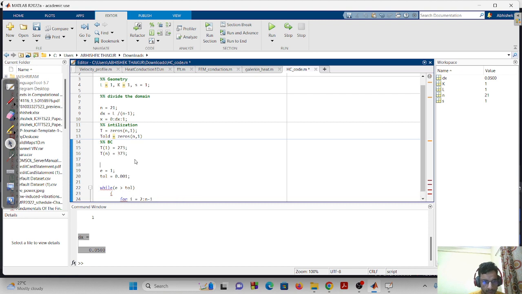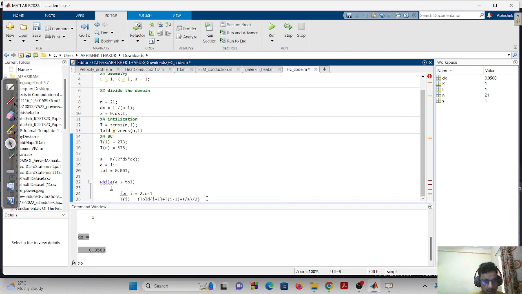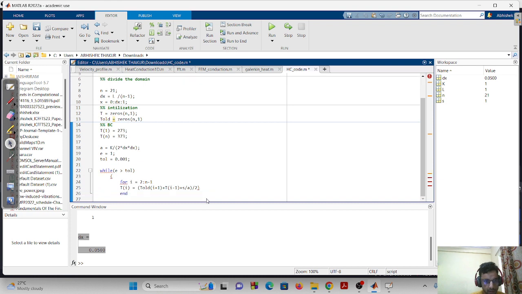We say a is equal to K divided by 2 asterisk dx. Okay, so we have defined a. S is our heat generation, that is capital S. So now we do end.